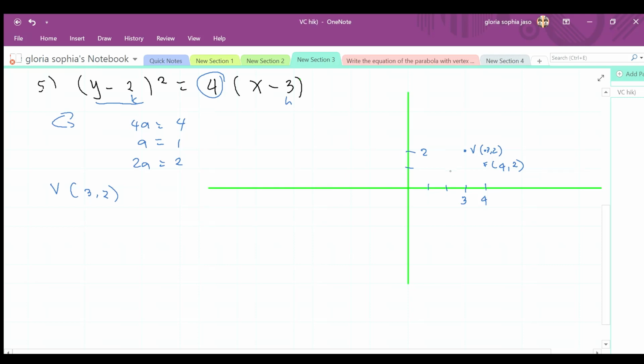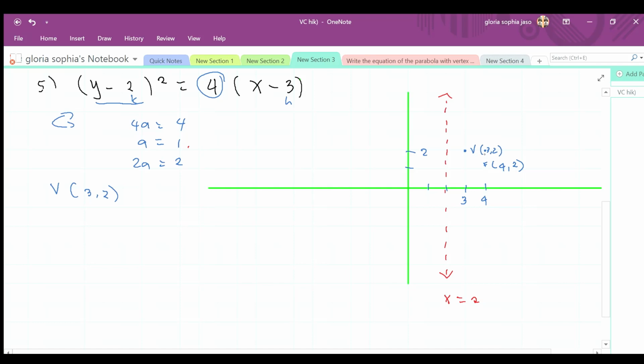Okay, and then let's draw our directrix. So we will move 1 unit to the left of our vertex. Okay, so the equation is x equals 2. Okay. And then let's locate the endpoints of the latus rectum.